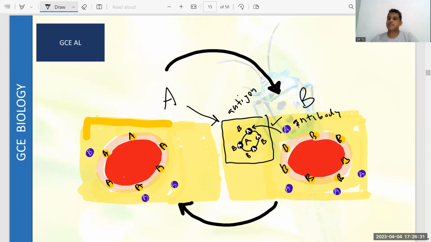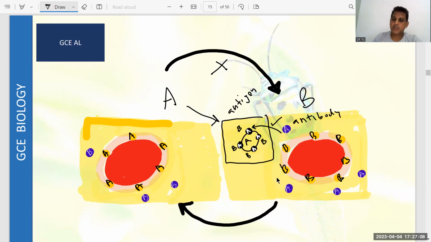Then the process of removing, destroying starts, thinking this is harmful to the body. So this is a perfect match. B has A antibody, and the blood coming from A has A antigen on the red blood cells. So this is a perfect match, it can identify. Now it tries to make some kind of reaction.